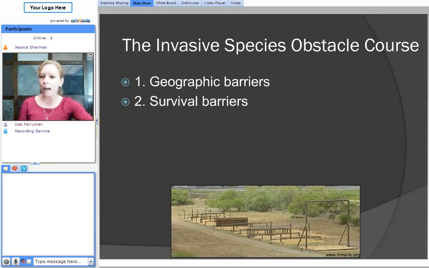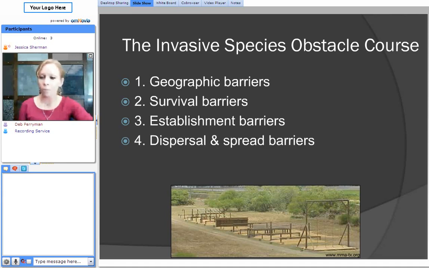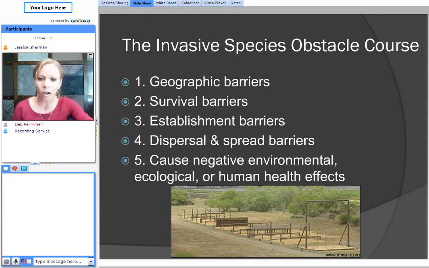There are survival barriers, establishment barriers, dispersal and spread barriers, and after they've overcome all of these barriers, they then need to cause negative environmental, ecological, or human health effects.